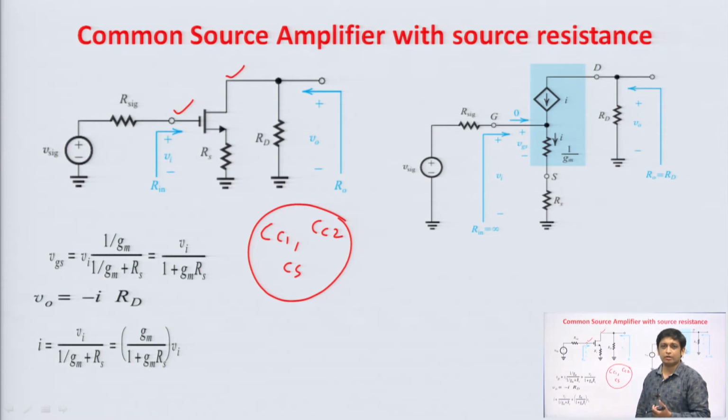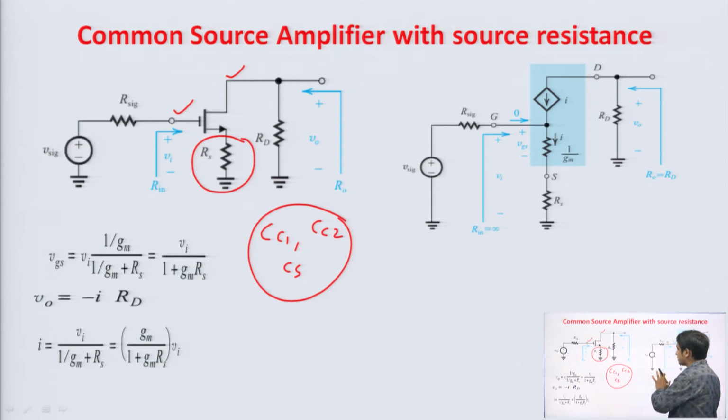In a small signal model, we can draw the hybrid pi model, T model, we can draw any model, but if there is a resistance at the source terminal or resistance at the emitter terminal in the BJT, then T model is preferred, because it is more convenient in case of T model to derive the expression if there is a resistor connected at source, although we can draw the hybrid pi model also. So, this circuit is the small signal model of common source amplifier.